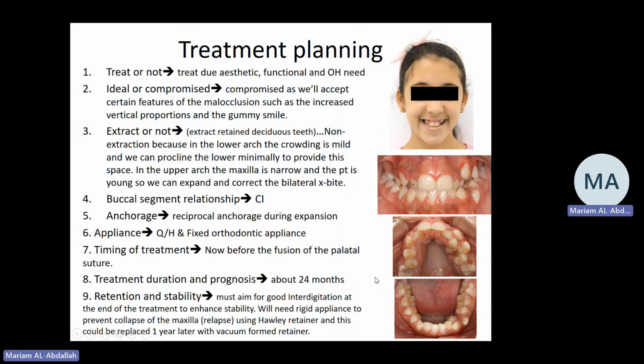What about retention? I aim for good interdigitation at the end of the treatment, but since we went for expansion, I need to think about rigid Hawley retainer followed by a vacuum formed retainer. In the upper and the lower, we can start immediately with vacuum formed retainer.